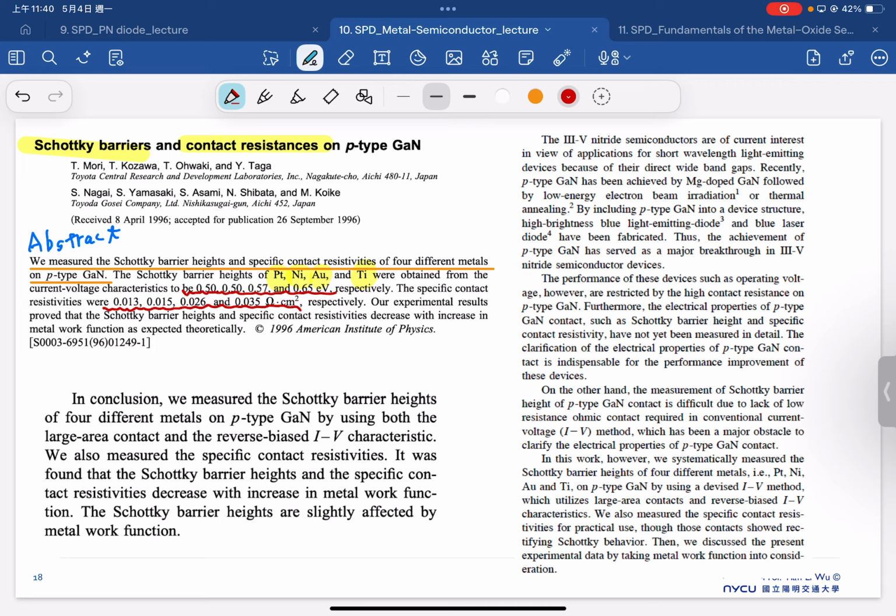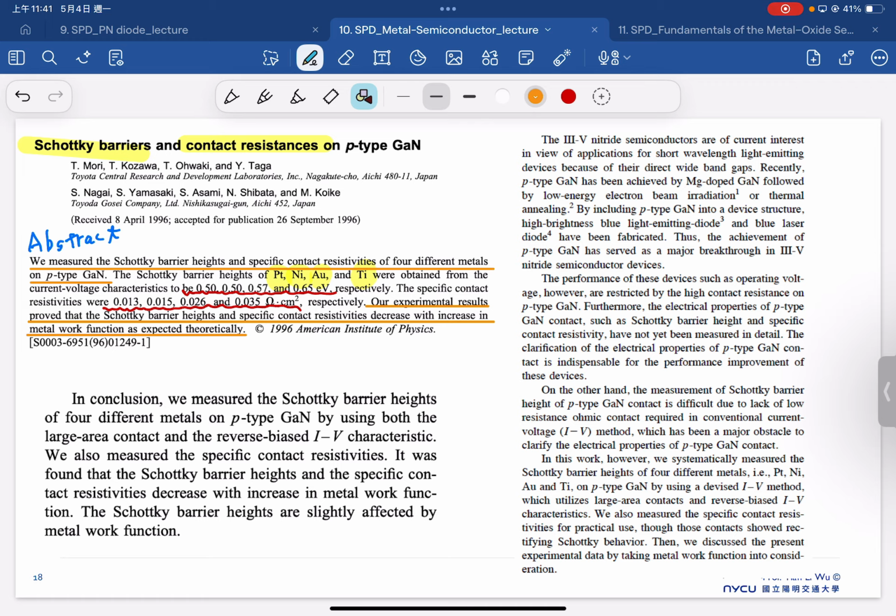From the first few sentences, they didn't show too much difficult analysis. They just say they measured this on 4 different metals and obtained these characteristics. And then the next one: our experimental result proved that the Schottky barrier height and specific contact resistance decrease with increased metal work function, as expected theoretically.